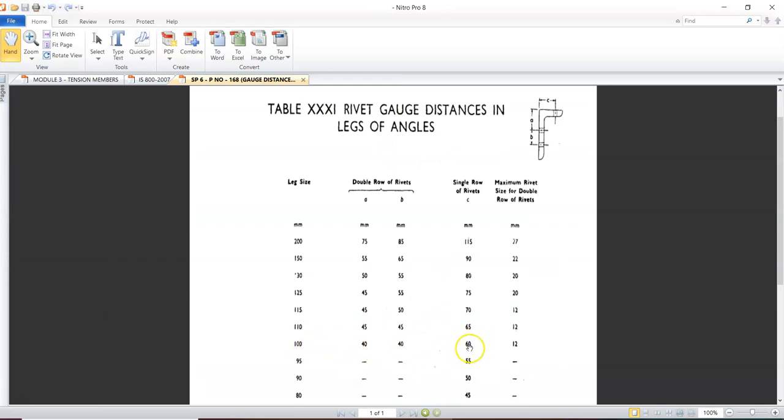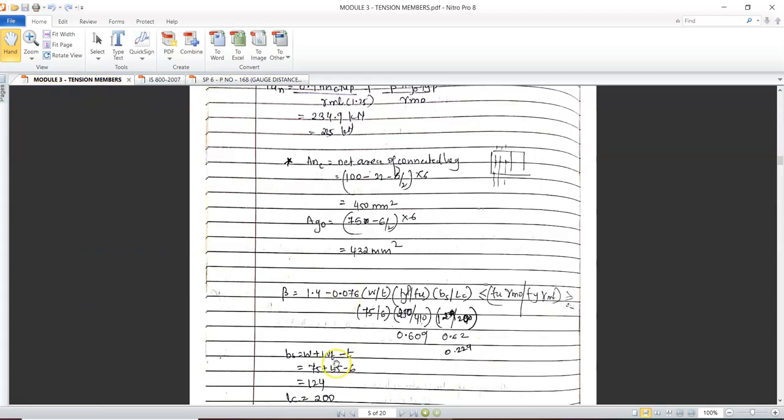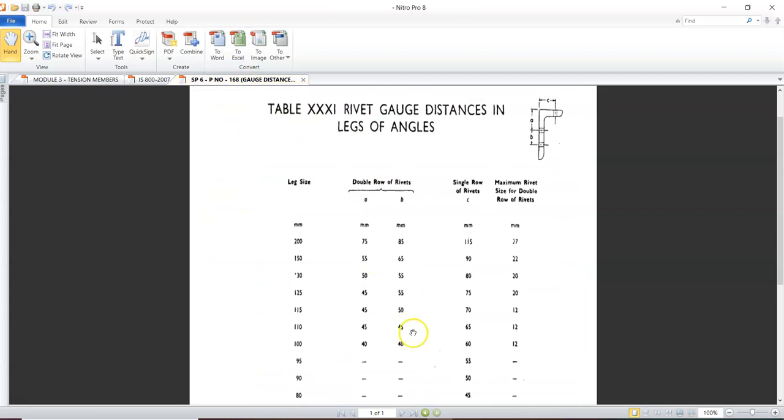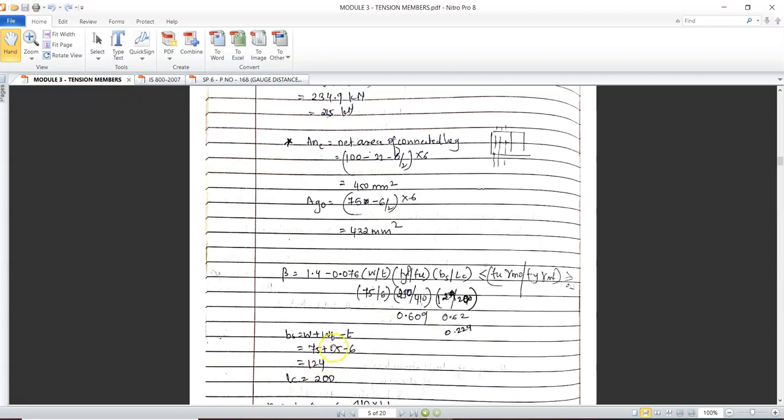Now coming back to the calculation, here 55 is taken, sorry, it is taken incorrectly, so it has to be 60 mm. So the calculation is wrong here.